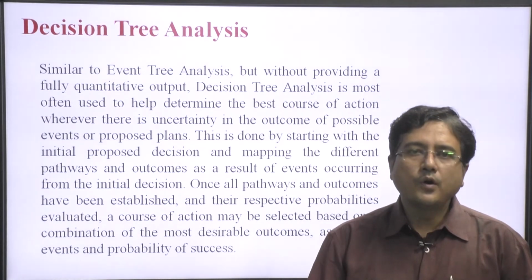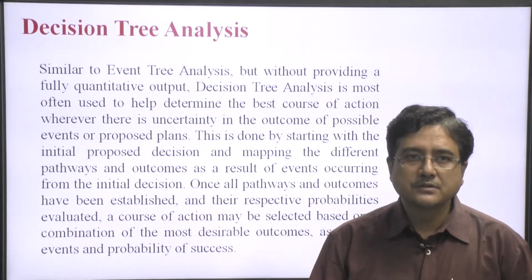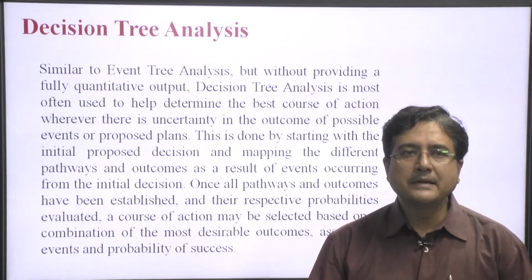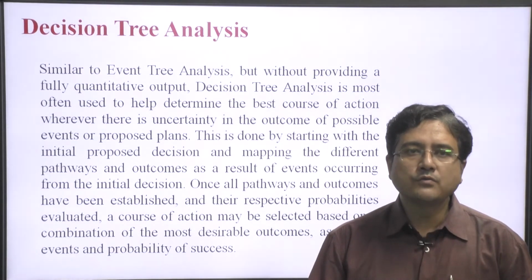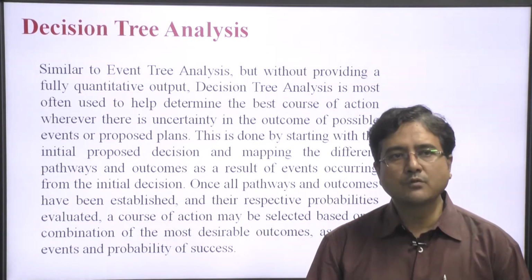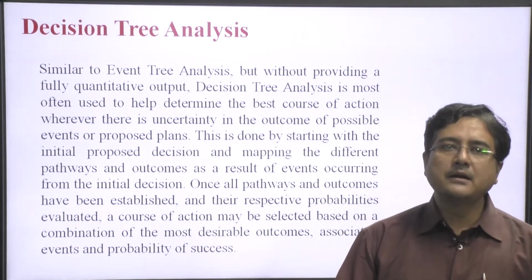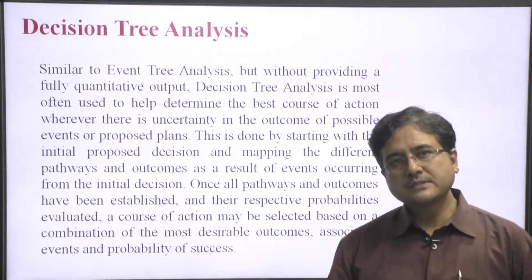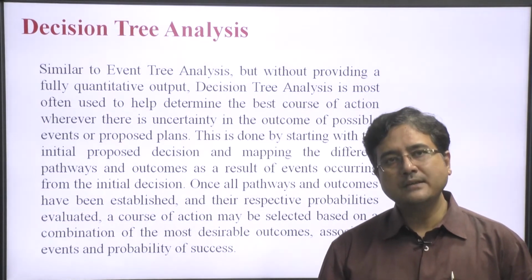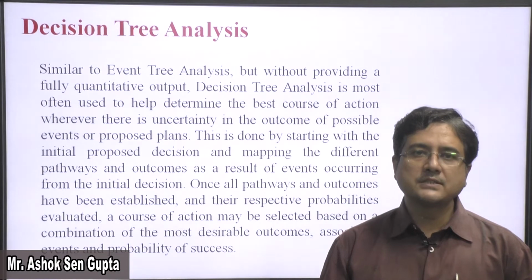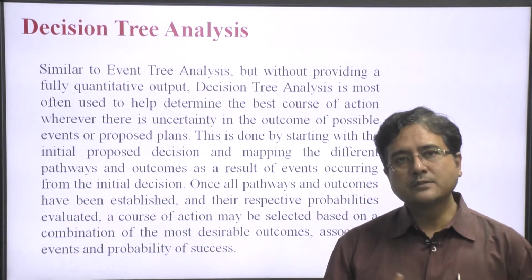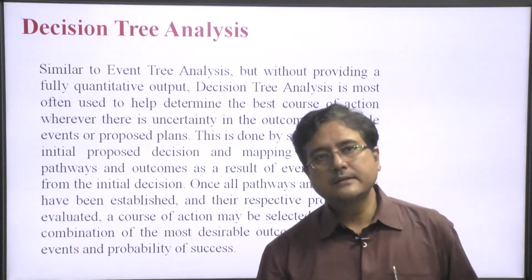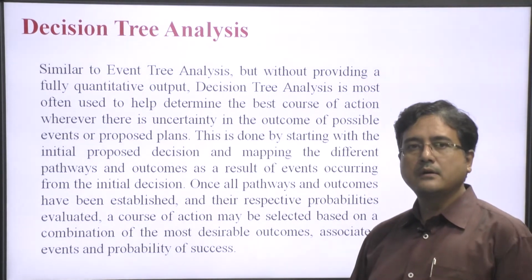Once all pathways and outcomes have been established, their respective probabilities are assessed, and a course of action is selected on the basis of the combination of the most desirable outcome associated with probability and success. So, a decision tree is based on probability, on the chances of occurrence of the event, and it looks like a tree. Let me draw a diagram for you.